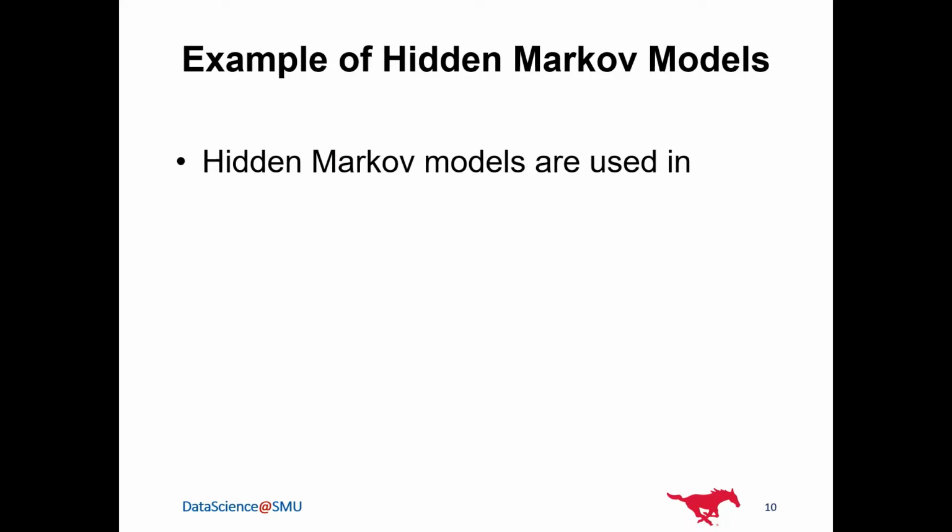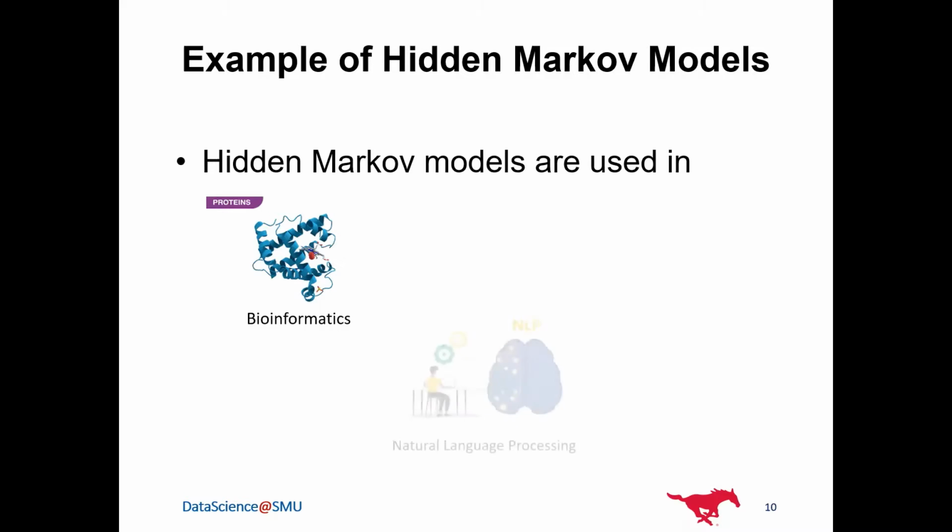So hidden Markov models are used in a wide variety of use cases. You can use it for bioinformatics, for single molecular kinetic analysis, gene prediction, protein folding, DNA motif discovery, DNA hybridization kinetics, just to name a few.